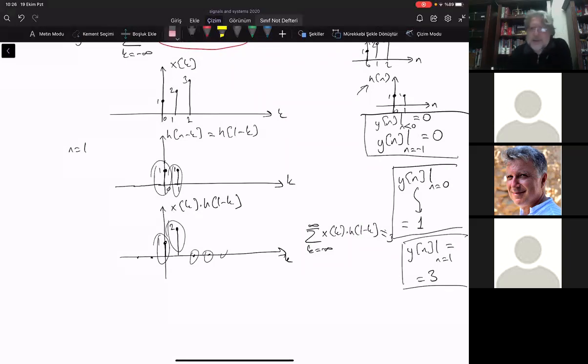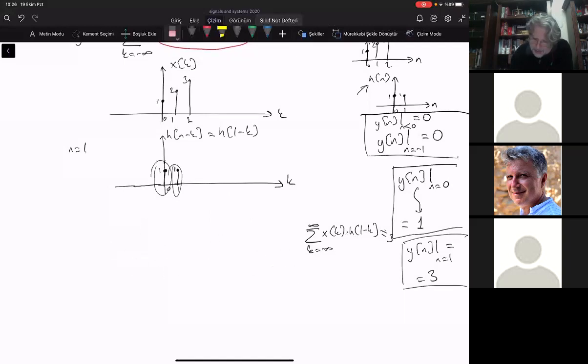Now I'm going to erase them because I want to slide to the right-hand side once again. So I'm erasing all of this one, and this one too, and these values, and this, and this.